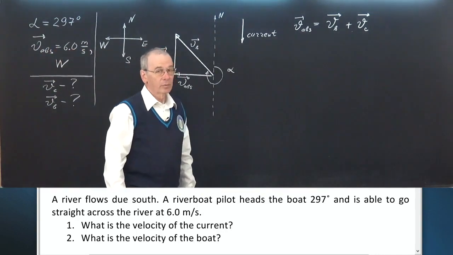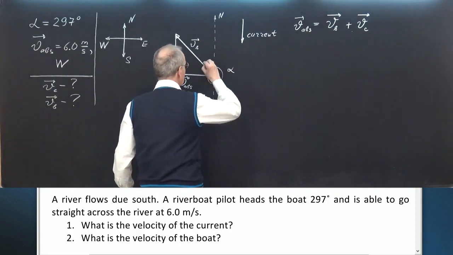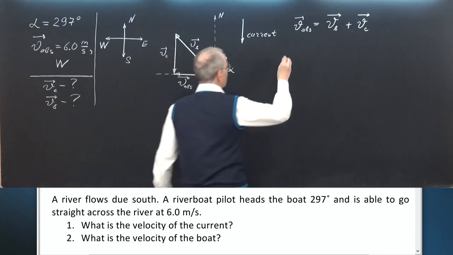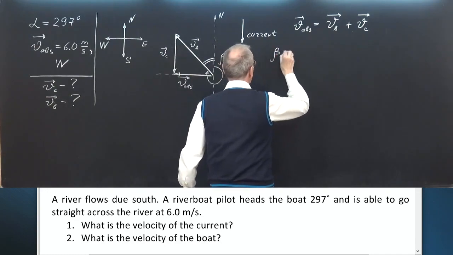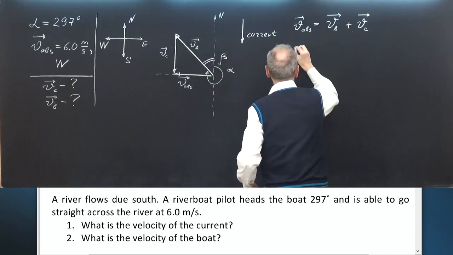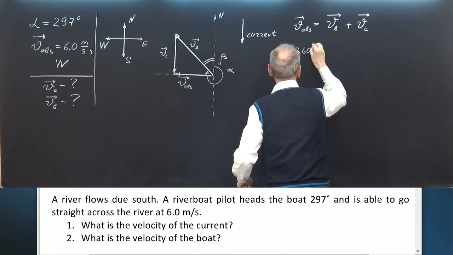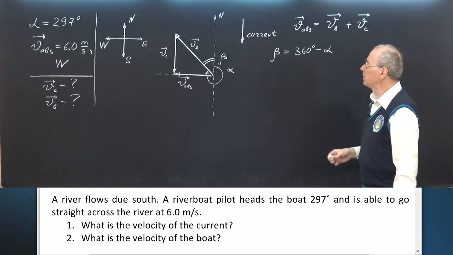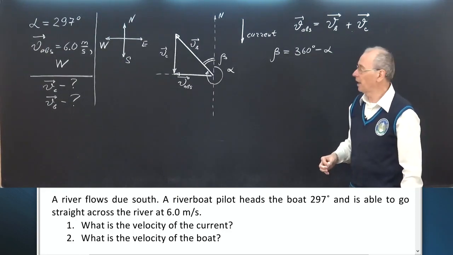Let's use more convenient angle beta. Beta, as you can see, equals 360 degrees minus alpha. This angle is more convenient because this is an acute angle.